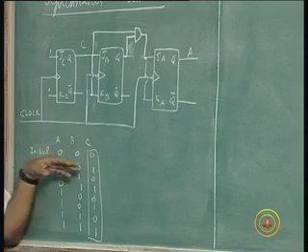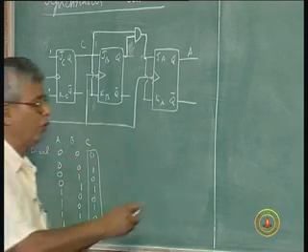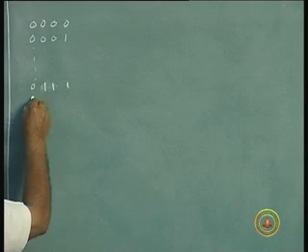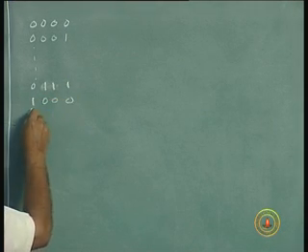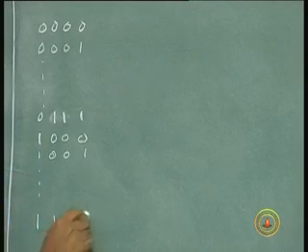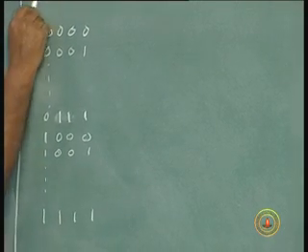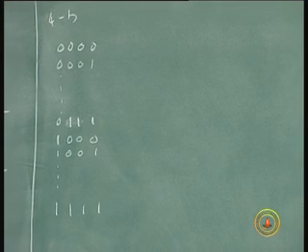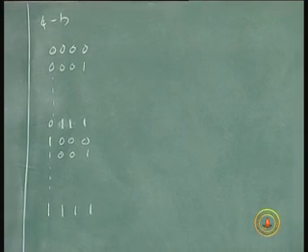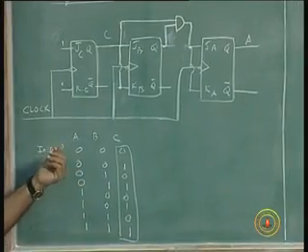So, if there is a 4th position for a 4-bit counter, this is a 3-bit counter, only 3 bits, 3 positions.